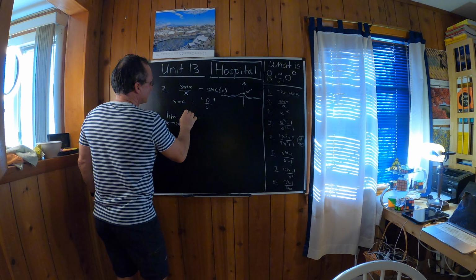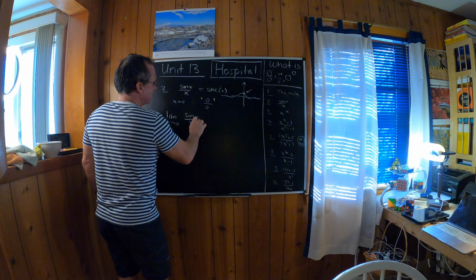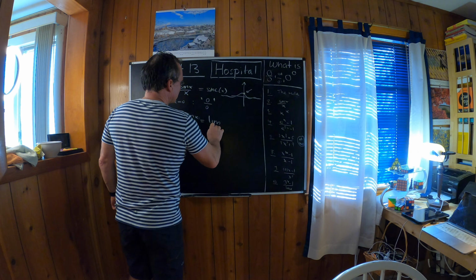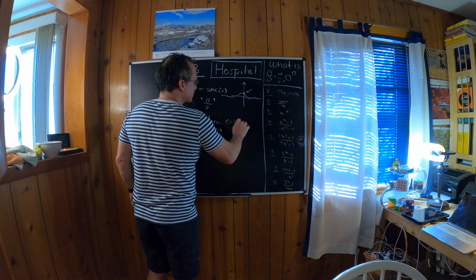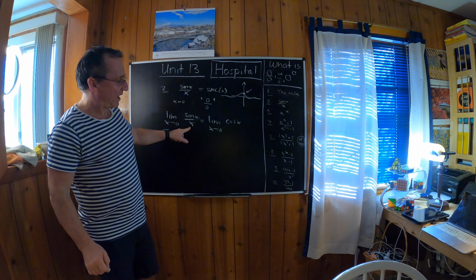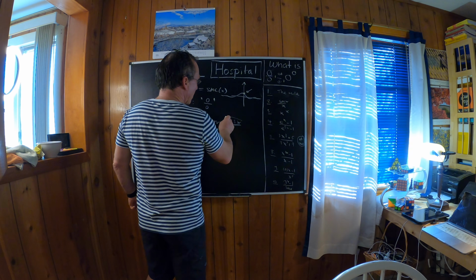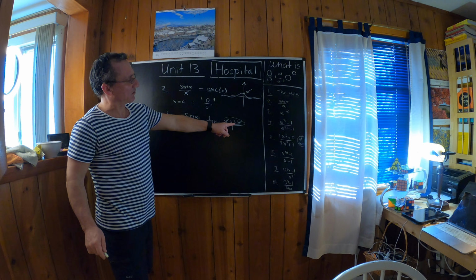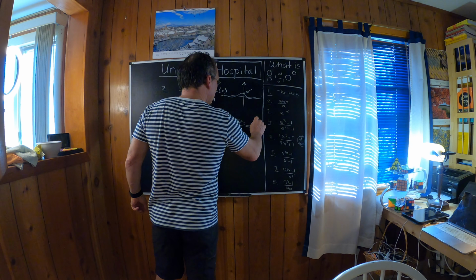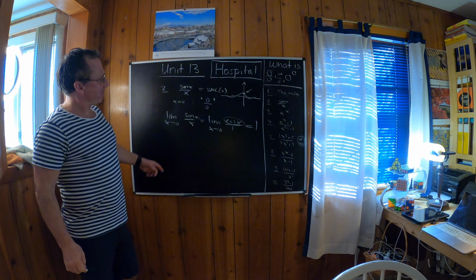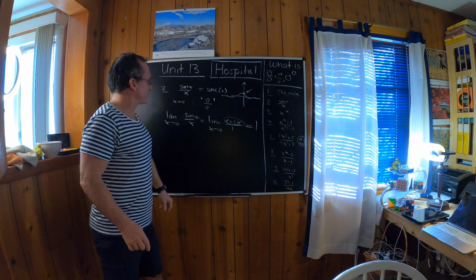Let me just write down the whole thing. Sin x over x is the limit x goes to 0 of cosine x, that's the derivative on the top. And on the bottom we have 1. So that's now not the problem, because when x goes to 0, this is 1. And so that's our answer. It's that simple.